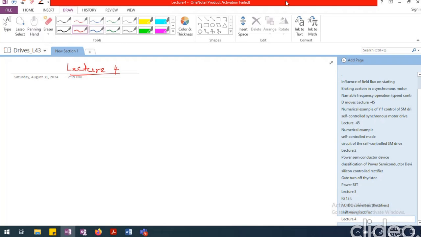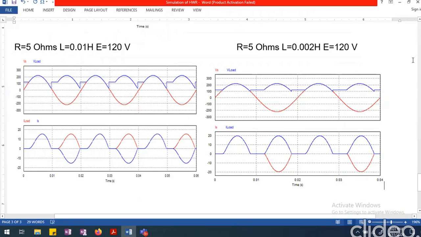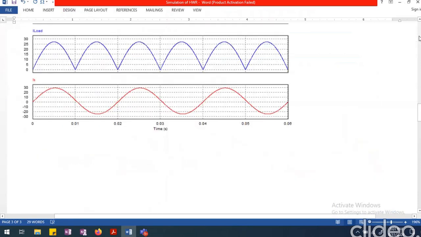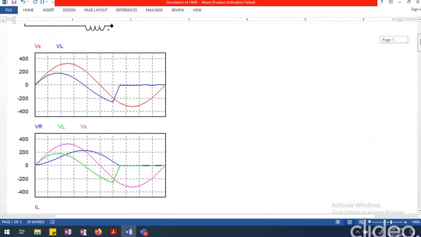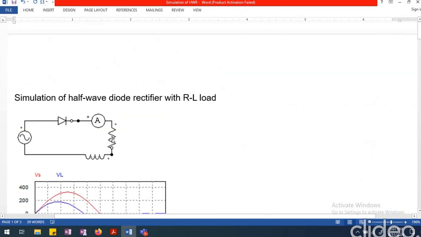So let me try to show you some of the simulation results based on the PSIM package. This is the diode rectifier that we have. This is an AC source with a peak voltage of 325 volts, and it's a 50 hertz source.